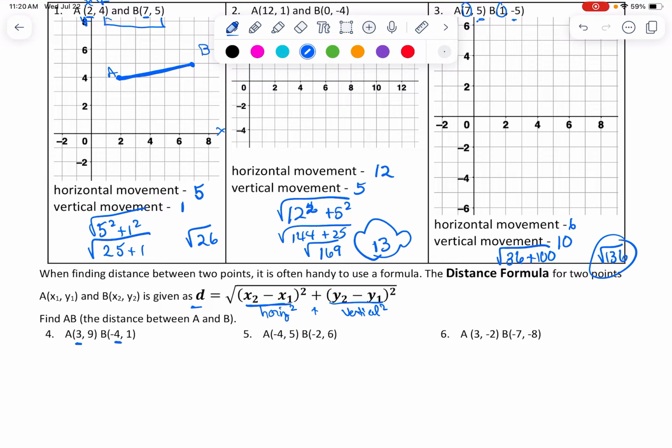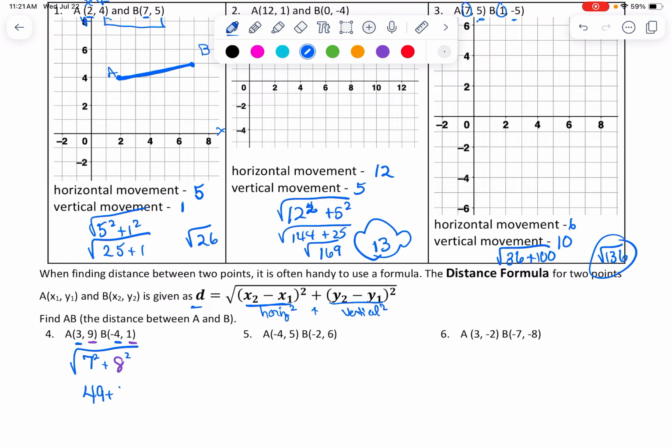So 3 all the way down to 0 is 3, and then from 0 to negative 4 is 4 more. So a total of 7 units was the horizontal movement. And the vertical movement, because we went from 9 down to 1, we've moved 8. So we're going to square those two numbers, then add them, and then take the square root.